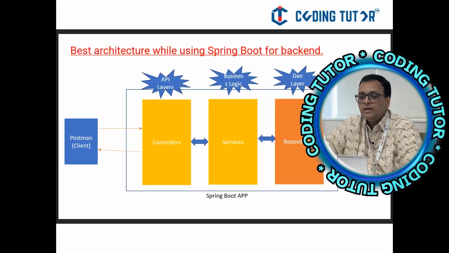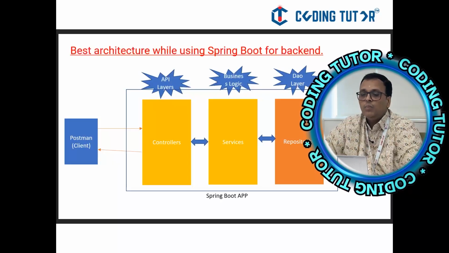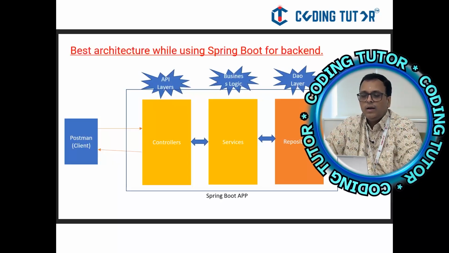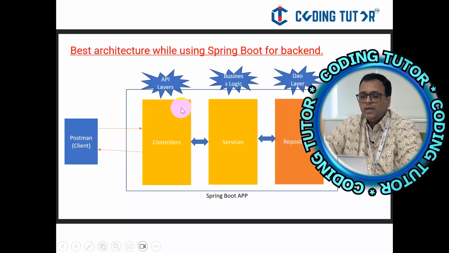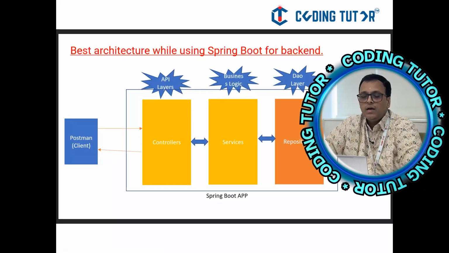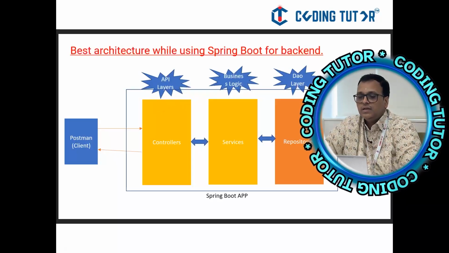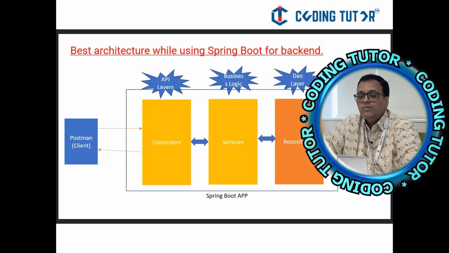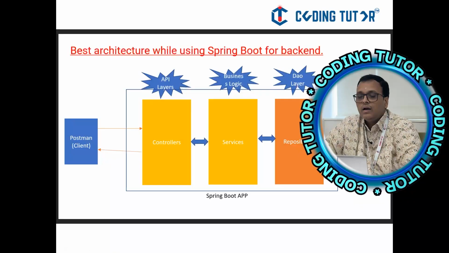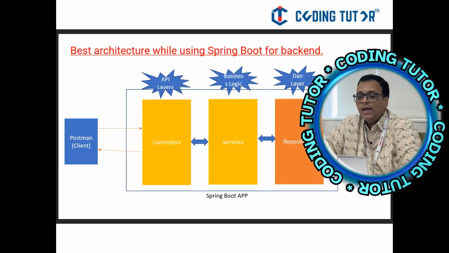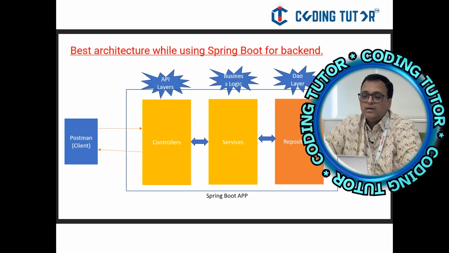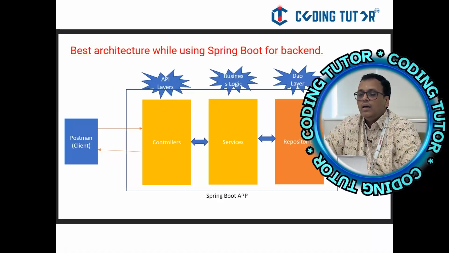In this service layer, we can perform business operations. Now, look at the API layer. Using the API layer, we can capture the data coming from a client and pass that information to the business service layer. And from the service layer, we can take the help of repository layer interfaces to store the data in the database.